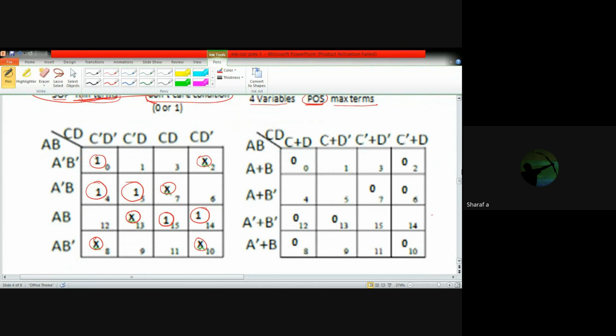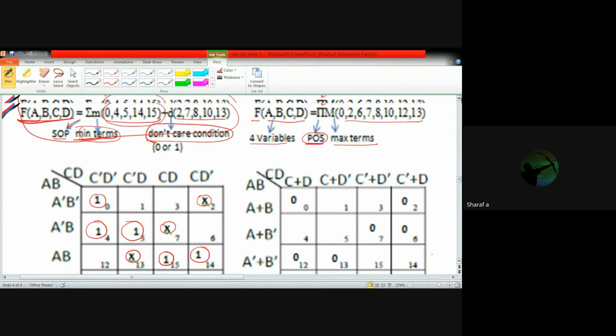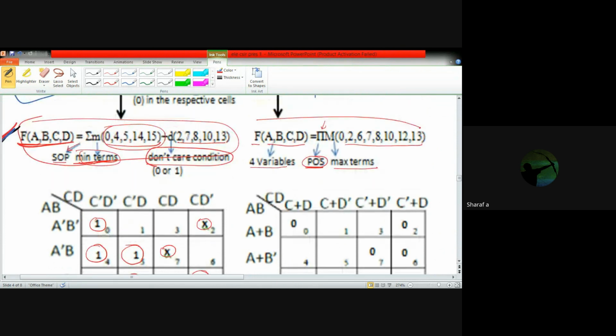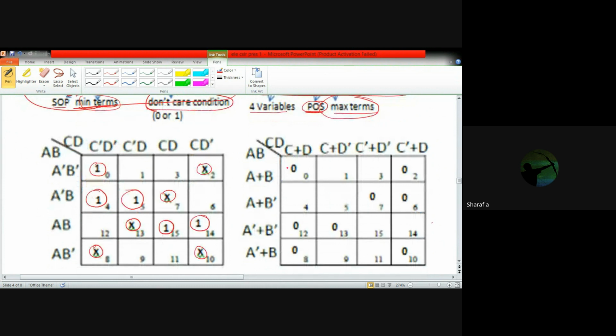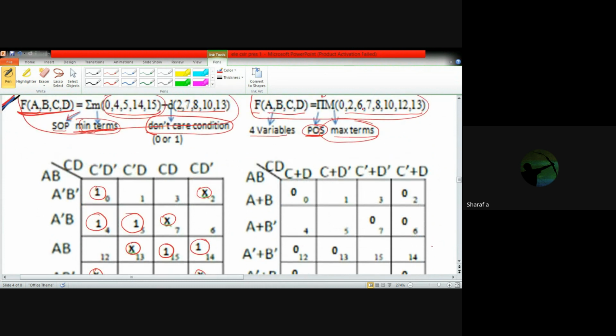Okay, on the other side, if you are given a product of sum form like this expression, with capital pi and capital M, which means they are representing product of sum and max terms, when it is max terms, you have to fill these addresses with 0. So in this case, you have address 0 to 6. In 0, you fill 0.